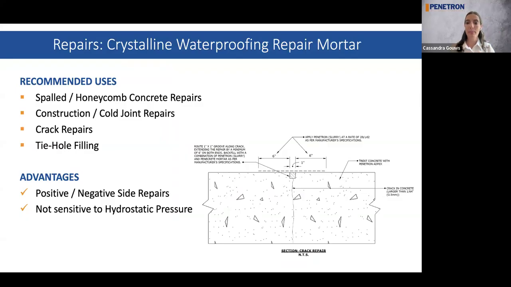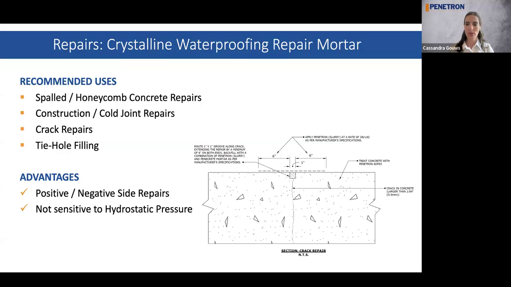If you've got cracks bigger than 0.5 millimeters, if you've got honeycomb, construction joints that are leaking, tie holes that need to be filled, that will all be done with the crystalline waterproofing repair mortar. So it is a non-shrink repair mortar that contains the crystalline technology in it.